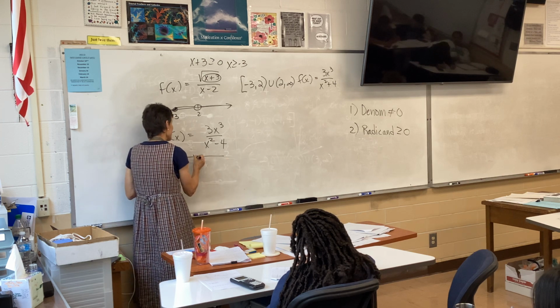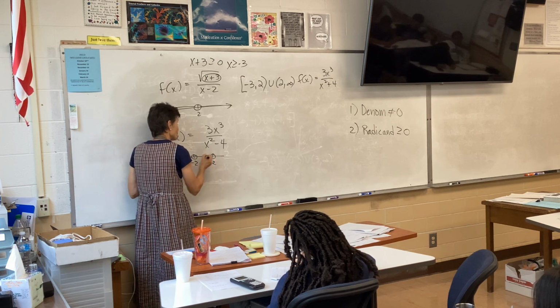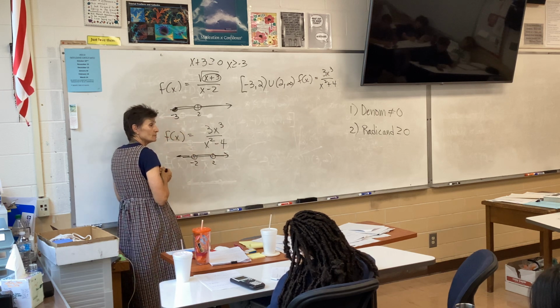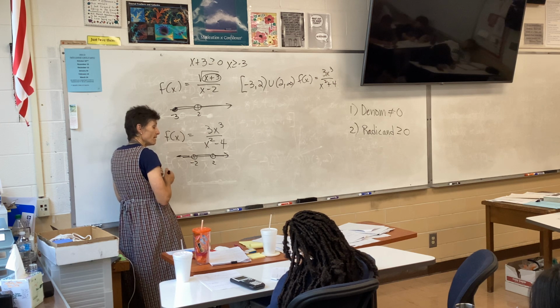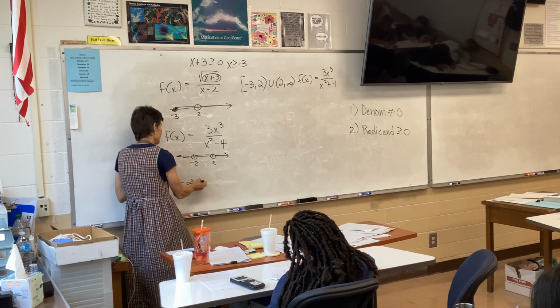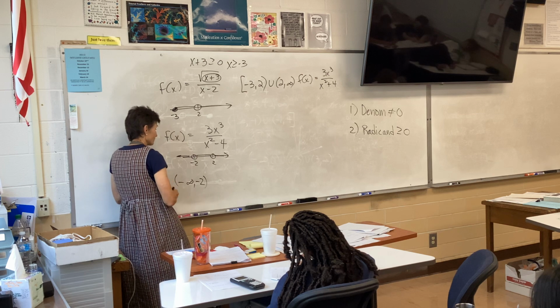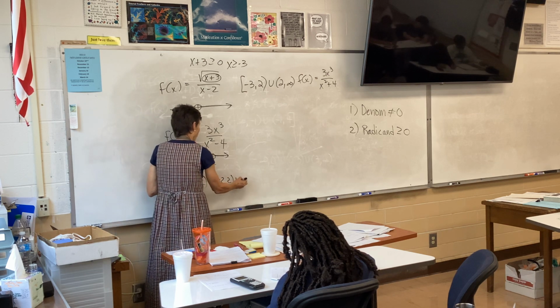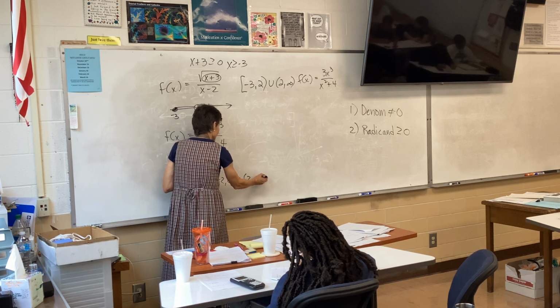So if you can't be -2 or 2, but you can be everything else, can you write that? -infinity to -2, or -2 to 2, or 2 to infinity.